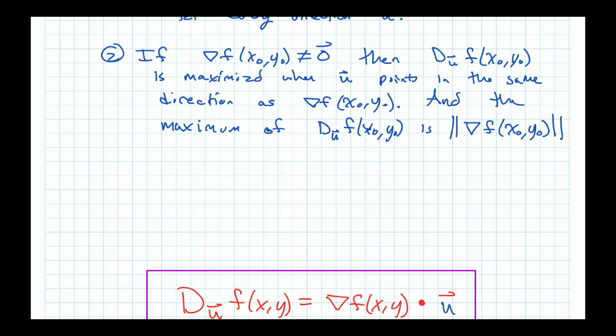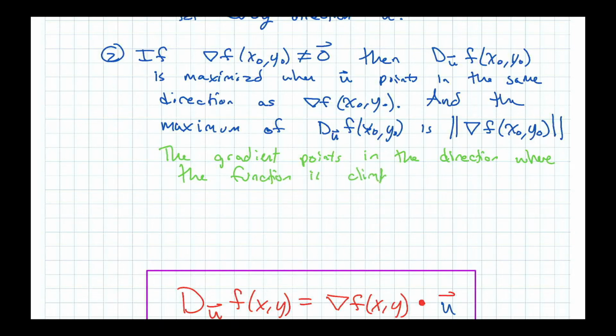They're simply saying that the gradient, which is a vector, points in the direction where the function is climbing the fastest. It points in the direction that's most uphill.